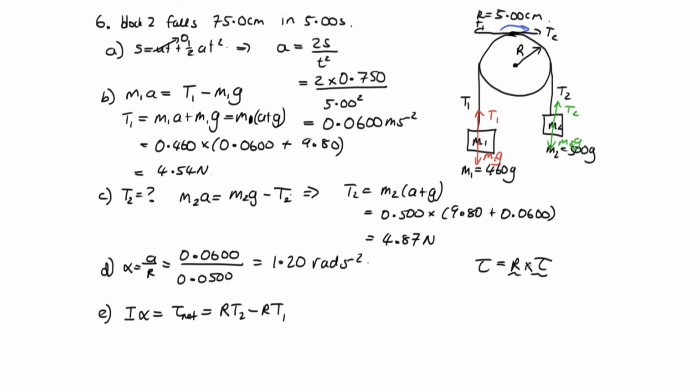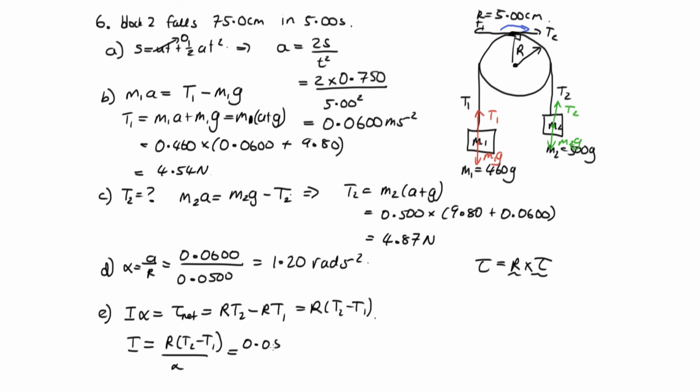So in this case, with the cross product, the radius and the tension forces are acting at 90 degrees to each other. So there's a sine 90 in there, which is just 1. So this is equal to R times (T2 minus T1). Okay, so what we're trying to calculate is I, so we can rearrange this and write I = R(T2 − T1)/alpha. So now we can substitute in.